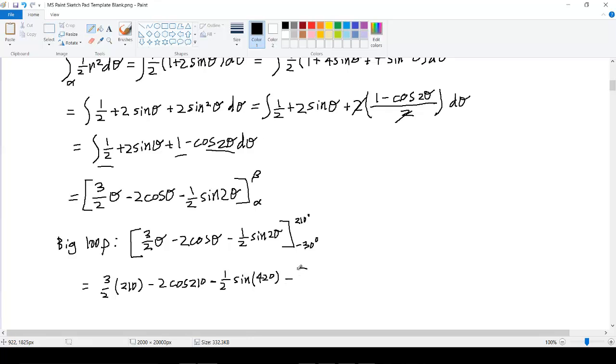And then I'm going to subtract 3/2 times minus 30 minus 2 times the cosine of minus 30 minus 1/2 sine, and this will be 2 times minus 30, which is minus 60. Wow.